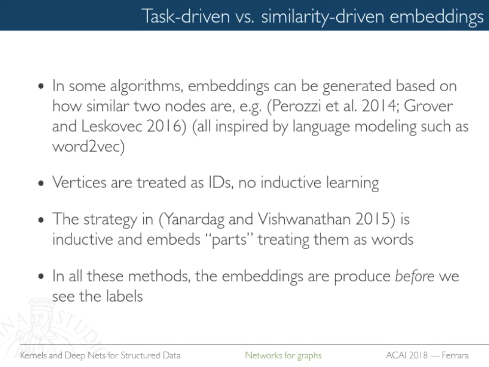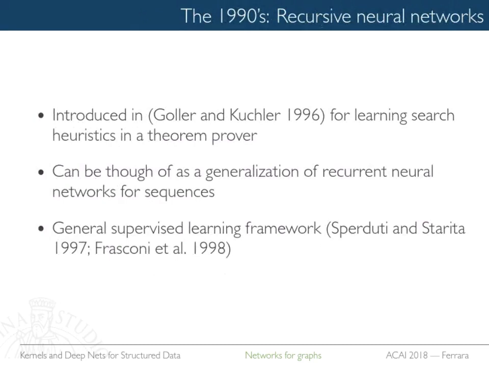But I'm not going to talk about this particular kind of approach because they're not task-driven, okay? They do the embedding without being informed why you want to do this embedding. It's a general embedding. It's like an unsupervised way of finding the embedding. I want to do something which is supervised, informed by the task.